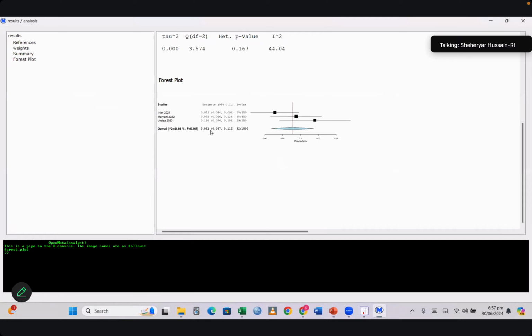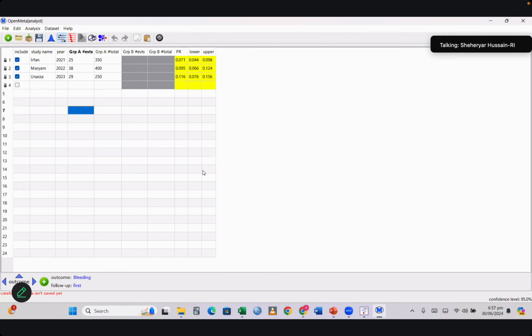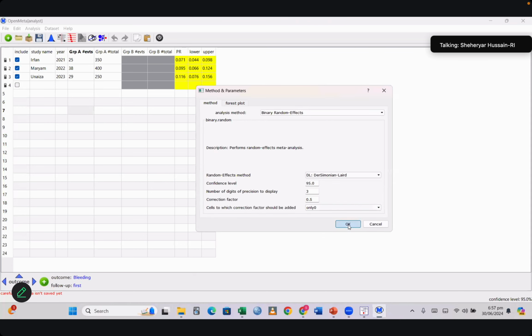So how are you going to interpret it? You're going to interpret just this value, this 0.091, and this confidence interval. So the overall bleeding risk is 0.09, which is 9.1%. This is how you conduct a single arm meta-analysis using OpenMeta-Analyst.